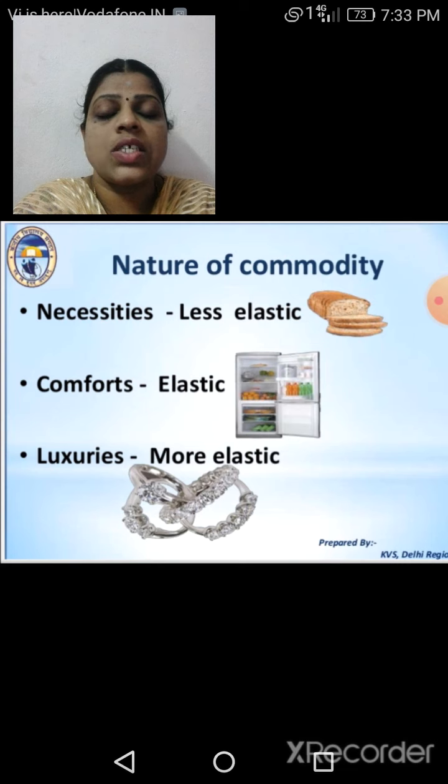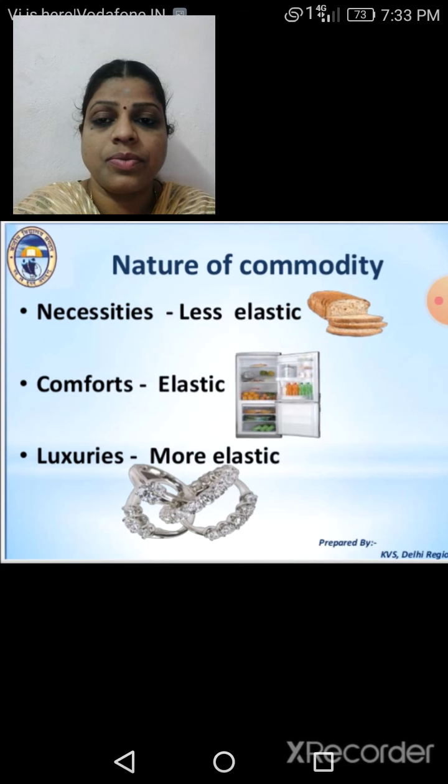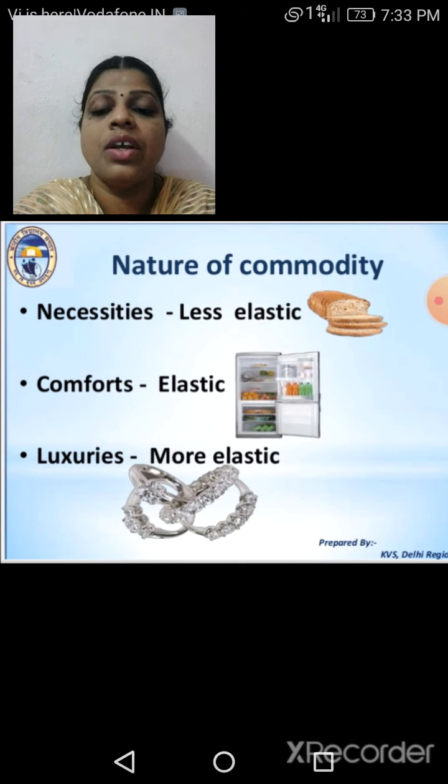Whereas in the case of luxuries, it is more elastic. Why? Because here we can see the picture of a diamond, anklet, bangles, etc. In the case of luxuries, the demand is more elastic.